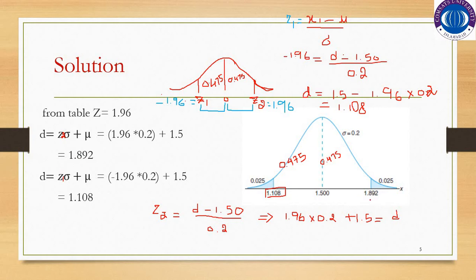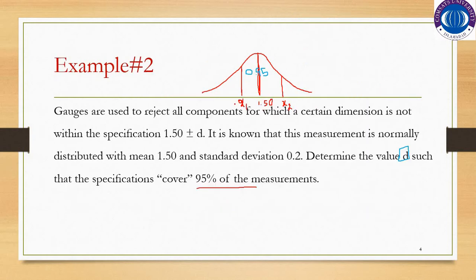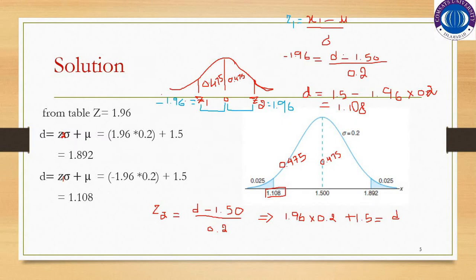So we have found these two values, x1 and x2. The first value is 1.108 and the upper limit is 1.892. So this is the way to solve such a scenario or such a question.